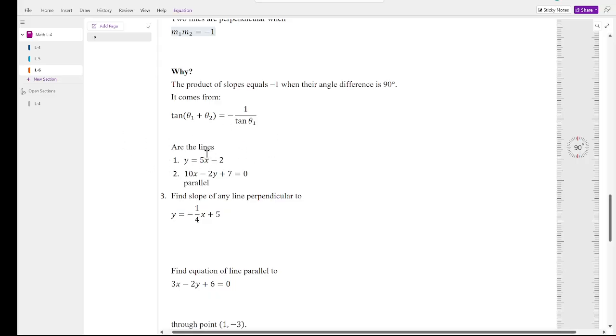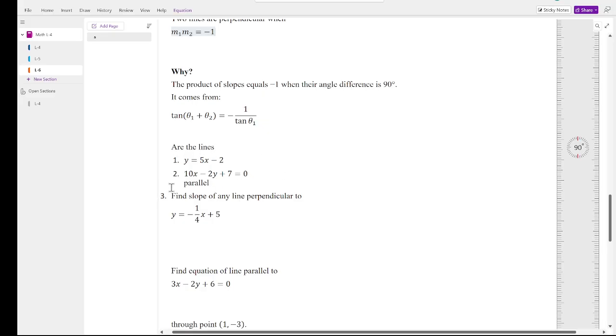We solve the example here. The first equation is y equals 5x minus 2, and the second is 10x minus 2y plus 7 equals 0. Are these lines parallel?